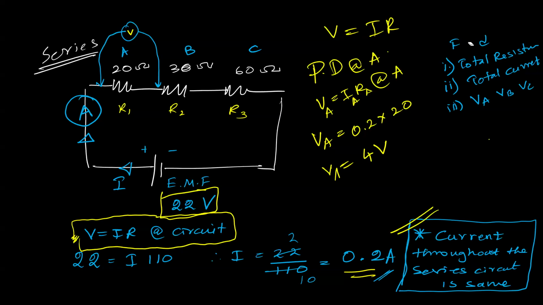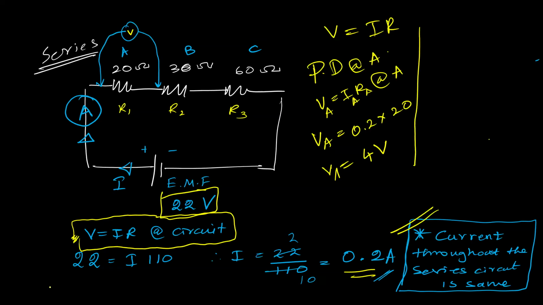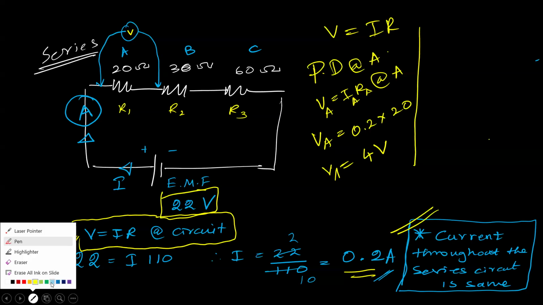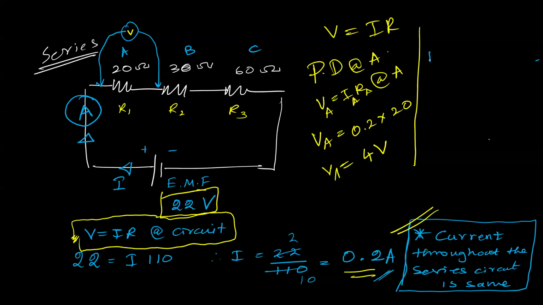Then let's find the potential difference at B. There also we are going to use the equation V equals IR, not for the full circuit.